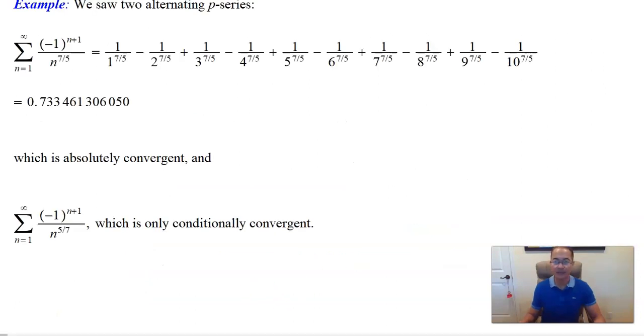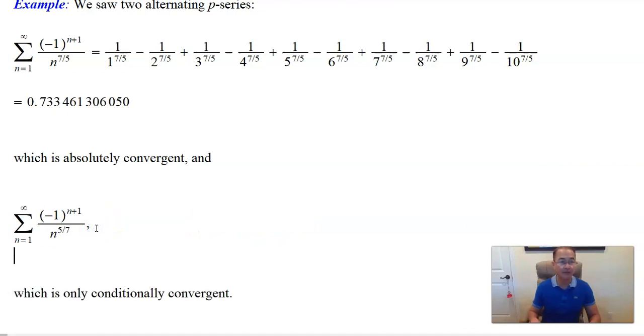The problem is I have two sliders on the right, one for the PDF and one for Scientific Notebook, and of course, I always click on the wrong one. Okay, so we're going to do the same thing with our conditionally convergent series. So we are going to start with positive 1 over 1 to the 5 over 7, and then minus 1 over 2 to the power 5 over 7.